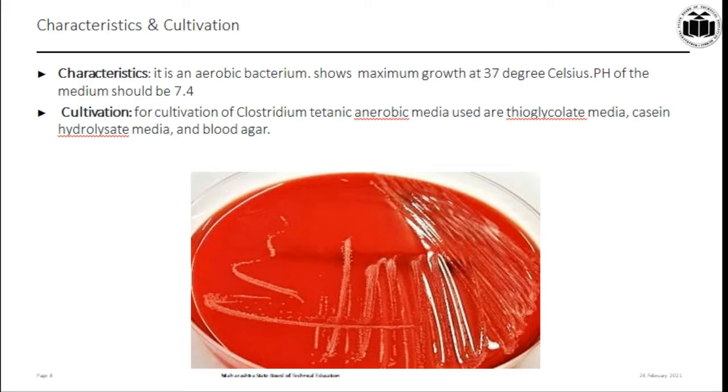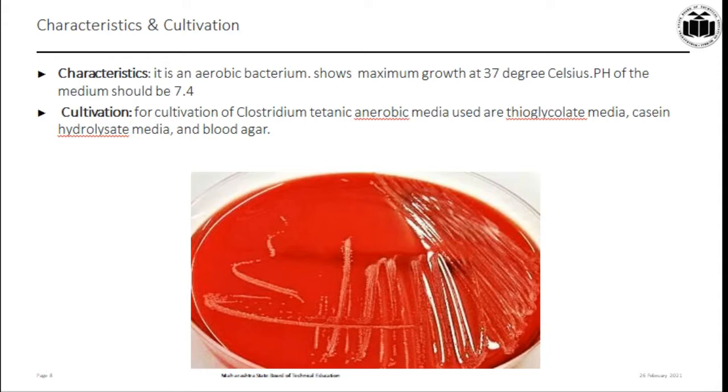For cultivation of Clostridium tetani, we usually use blood agar media, thioglycollate media, casein hydrolysate media, etc. In these media, the bacteria grow well. Also, the temperature required by this bacteria is about 37 degrees Celsius, and the bacteria grow in anaerobic condition at 37 degrees Celsius and pH 7.4.